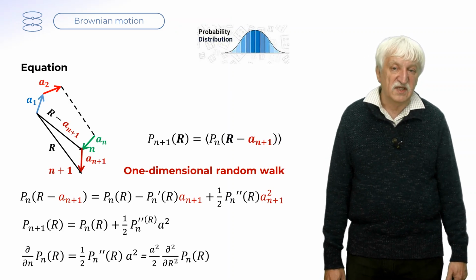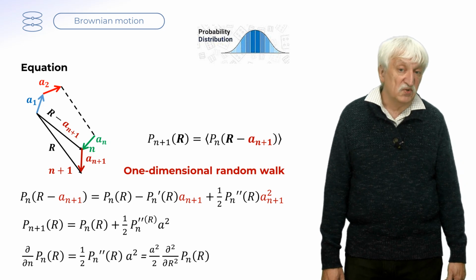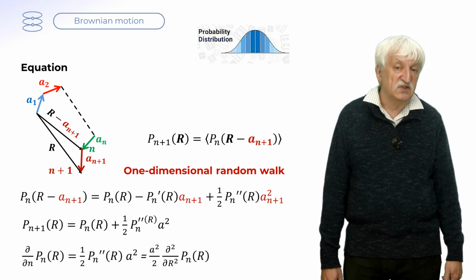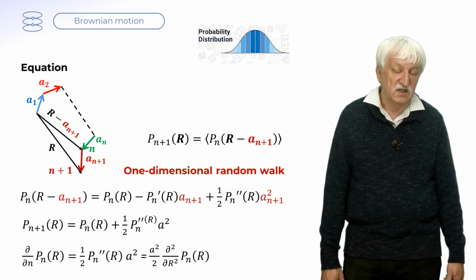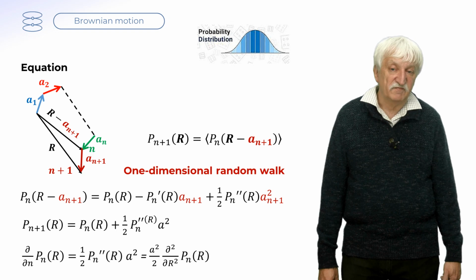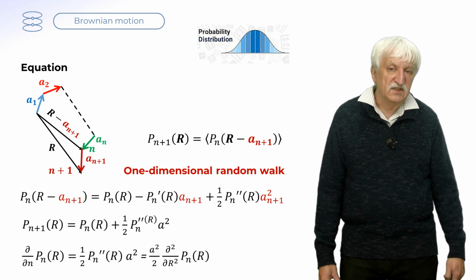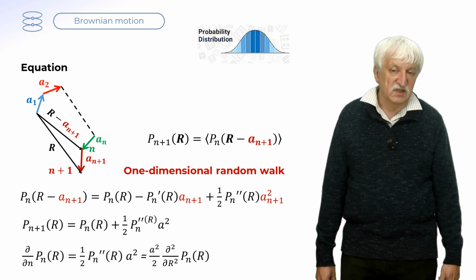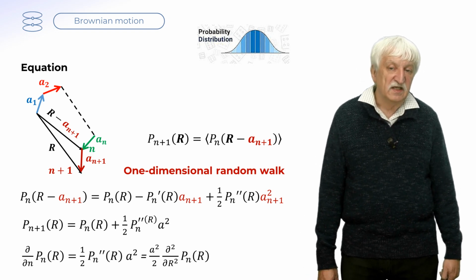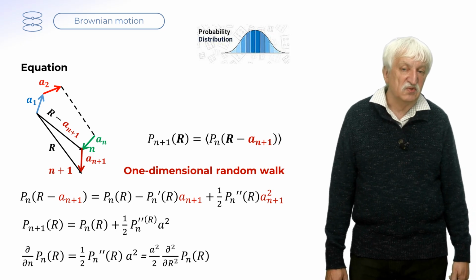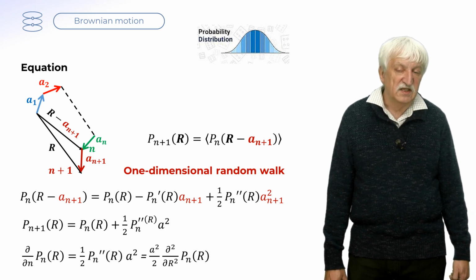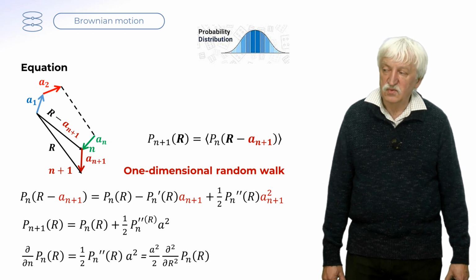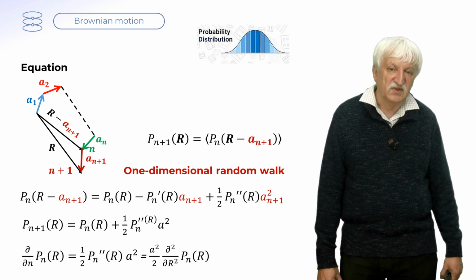So now let's turn to Brownian motion and try to calculate this probability distribution for n steps, so that we consider the Brownian motion of n plus 1 steps, which may be considered as the Brownian motion of n steps with an additional step, vector a n plus 1.